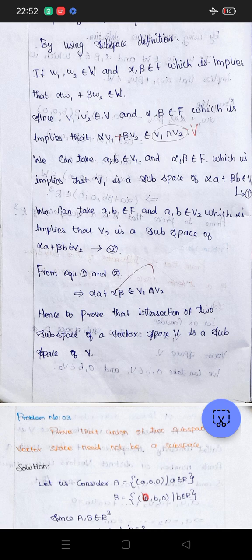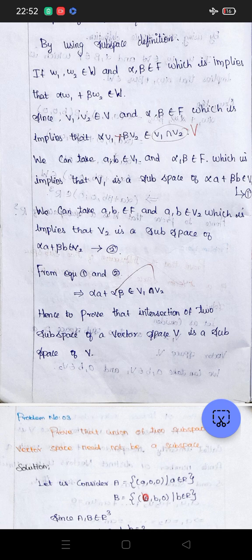So from equations 1 and 2, it implies that alpha a plus beta b belongs to V1 intersection V2. Hence we prove that the intersection of two subspaces of the vector space V is a subspace of V.